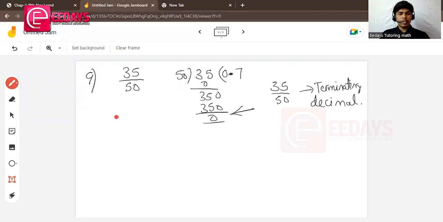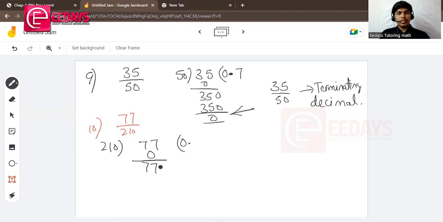Okay, 77 by 210. 210 into 77, so put 0 and 77.0. 210 into 4 will give 840. Let's try with 7: 210 into 7. No, once again. 770, right?